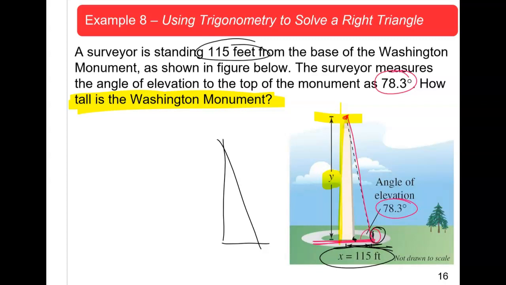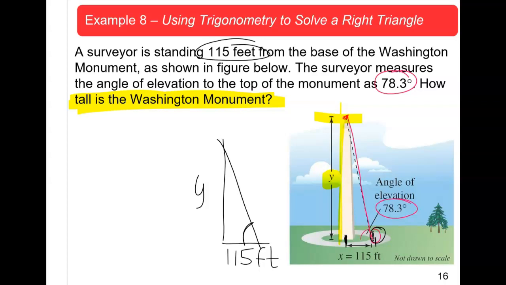So this distance here is 115. It's probably measured from the center of the base of the monument to the person, and that distance is 115 feet. So that is what we know, and we want to find this one, and we have the angle here.